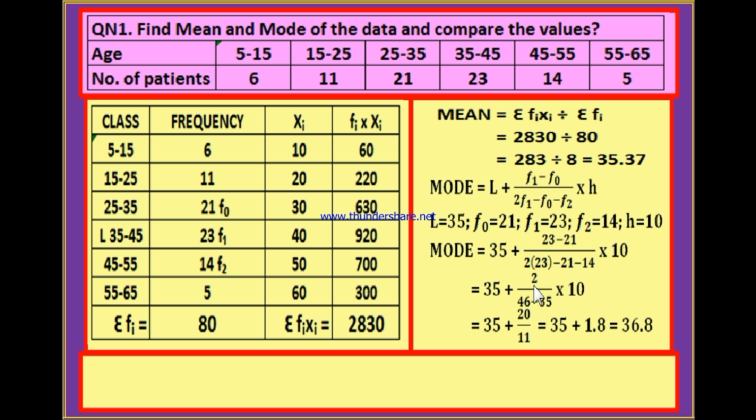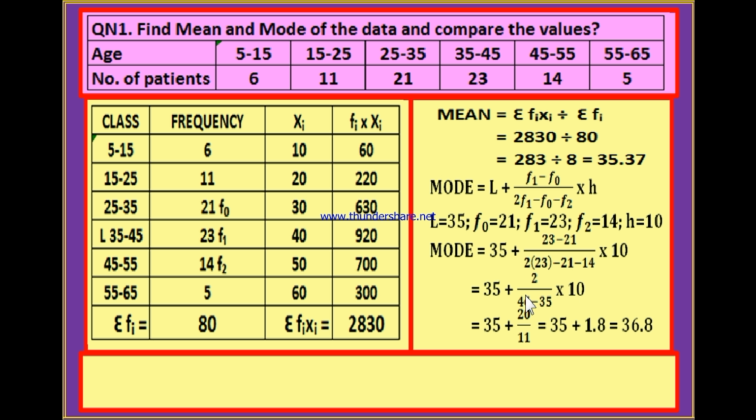Now let us simplify this. This is 35 plus 23 minus 21 is 2, divided by 2 into 23 is 46, minus 21 minus 14 is minus 35, into 10.